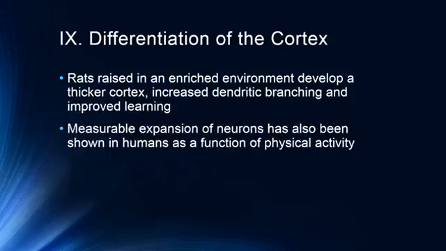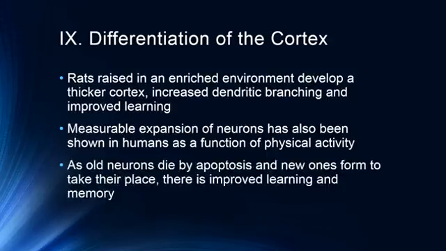There's measurable expansion of neurons that has been shown in humans as a function of physical activity. So physical activity is a really important part of healthy neural development and seems to stave off neural loss later in life. As old neurons die by apoptosis and new ones form to take their place, there is improved learning and memory.